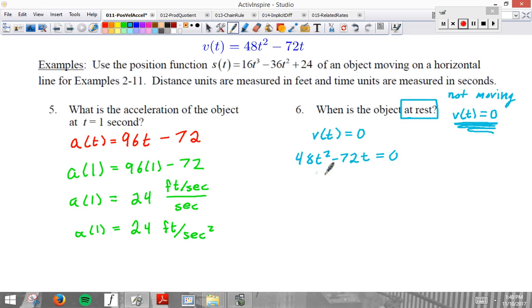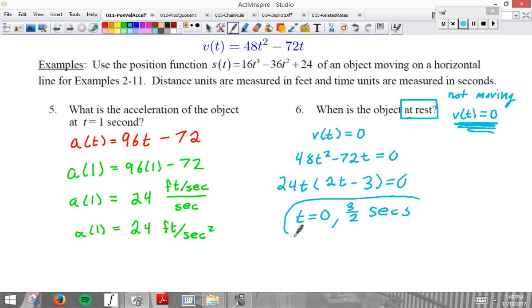The greatest common factor of these two is 24t, which will leave a factor of 2t minus 3. And so we have two solutions. We have t equals 0 and t equals 3 halves. And these are both going to be measured in seconds. That's all there is to it.